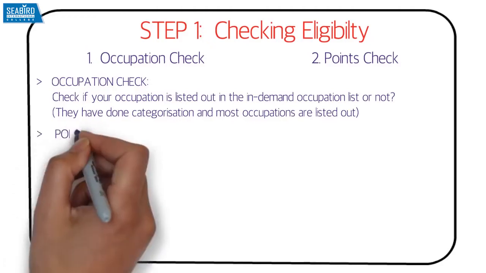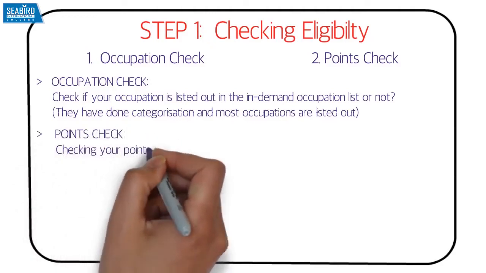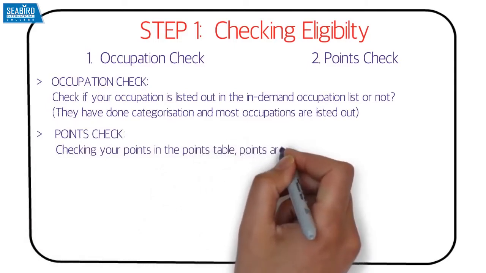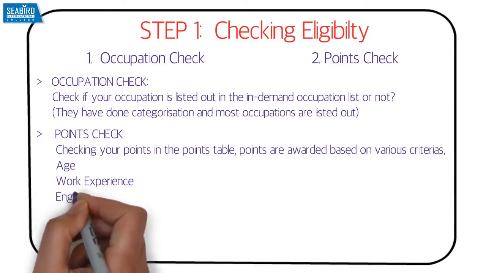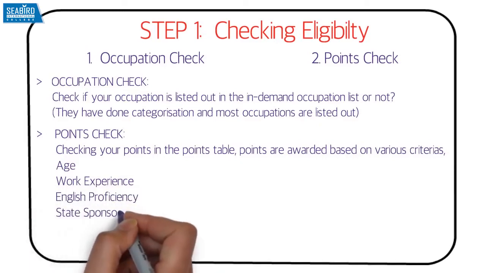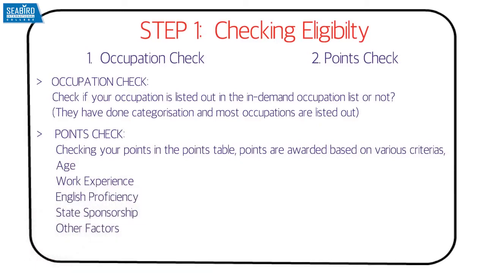The number 2 is points check. Now you have to check your points in the points table. Points are awarded based on various criteria like age, your work experience, your English proficiency, the state sponsorship, or other factors as well. So you have to calculate your points and check your occupation in the in-demand occupation list, whether it is there or not.